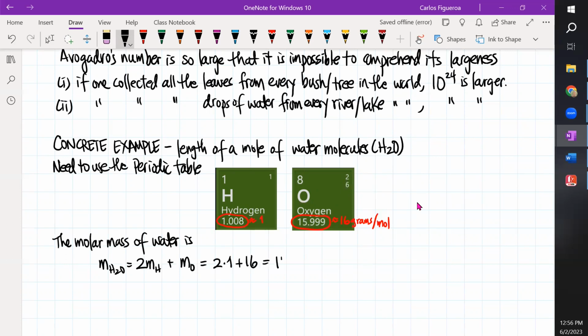So this gives me 18 grams per mole. And that gives me the molar mass of water.